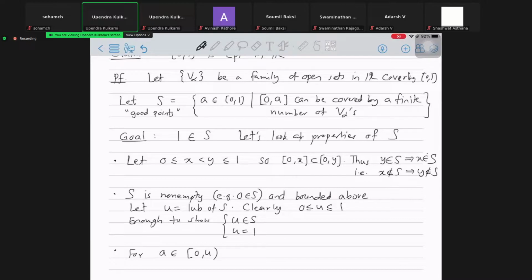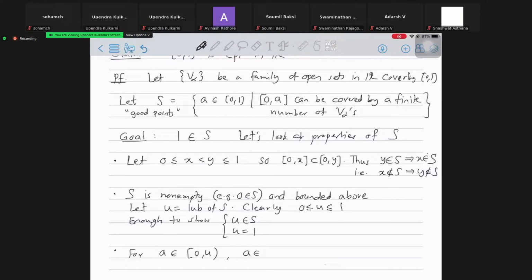So I just said that about 0. Now suppose I take any point A between 0 and strictly less than U. Then what can you say about this? There's a finite cover. Why is that?